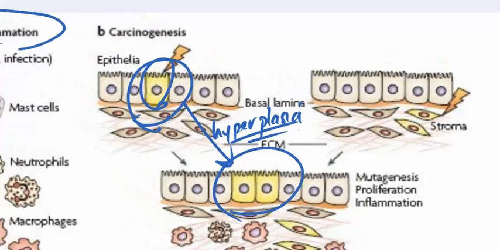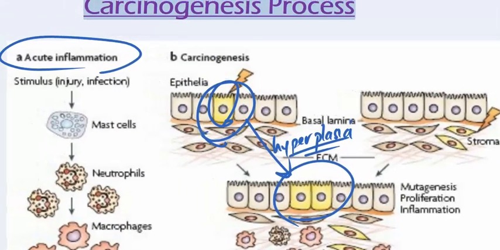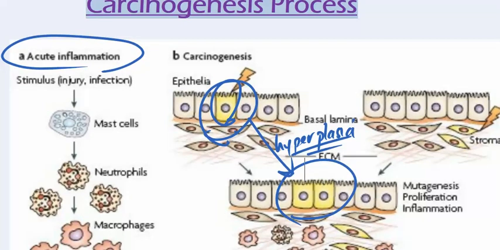Now the mutation could come from different sources. It can come as a natural process, just natural mutations that can occur.